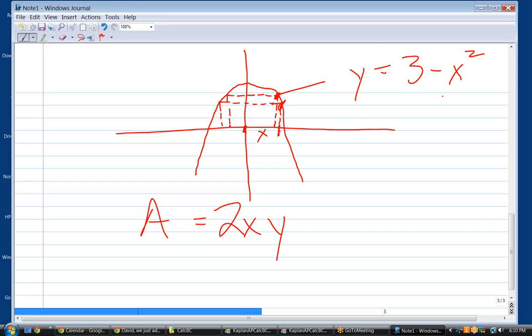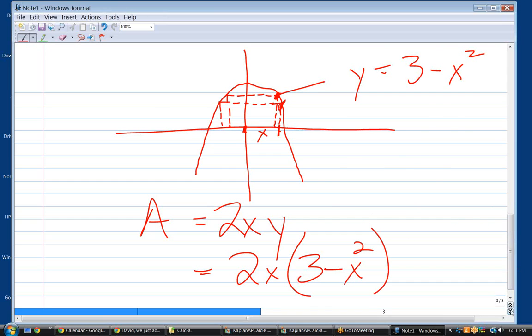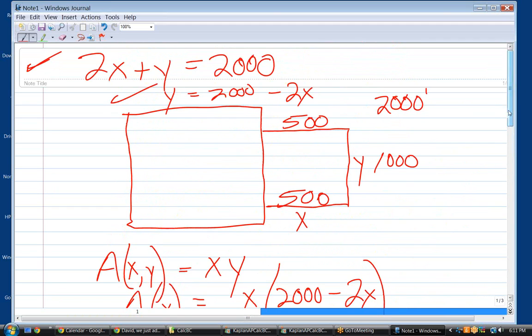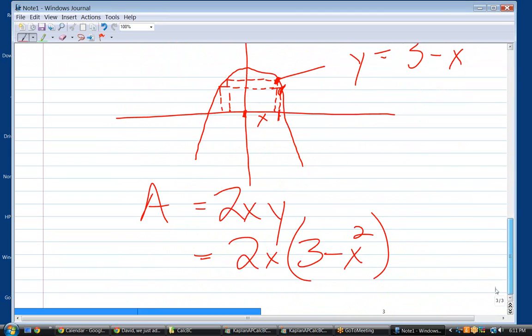Well, I know what y is. The y measurement is that parabola, which is 3 minus x squared. So now my area function becomes a cubic, which I would not be able to solve with algebra.